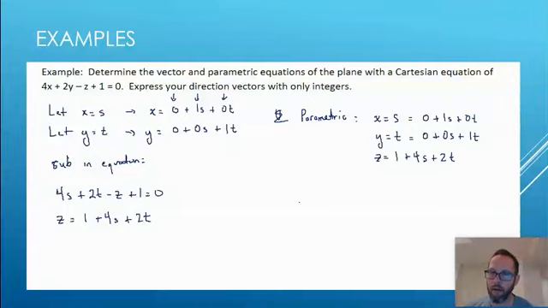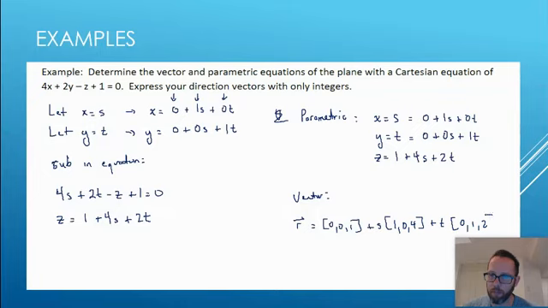And so now we have a vector equation, a possible one, r equals 0, 0, 1 plus s times 1, 0, 4 plus t times 0, 1, 2. And it's a very slick way to go from Cartesian equation to grabbing some parametric and vector equations.